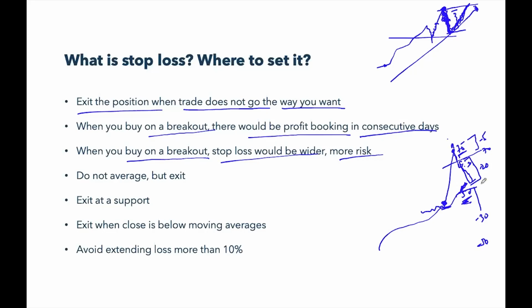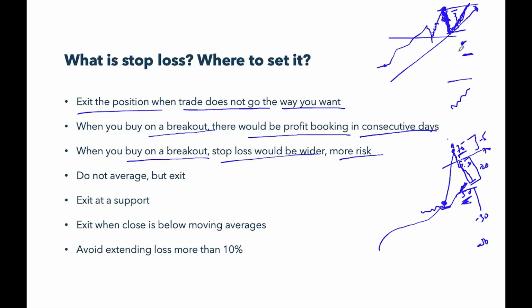So always remember, in case you're not able to find a support level or a moving average as strong support to exit a trade, let's say your stock price is at a very high level, then at least keep some stop loss at minus 2% or minus 3%. This minus 2% or 3% can be any value, as long as you're comfortable with it.